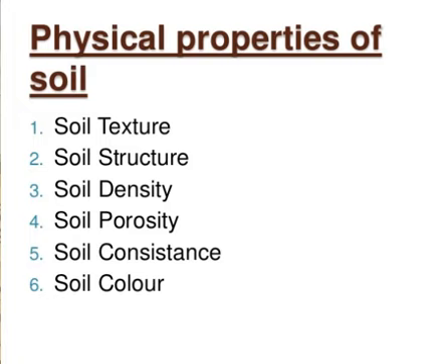Number three, soil density, which includes particle density and bulk density, which comprises density of soil. Number four, soil porosity. Number five, soil consistency. And number six, soil color.